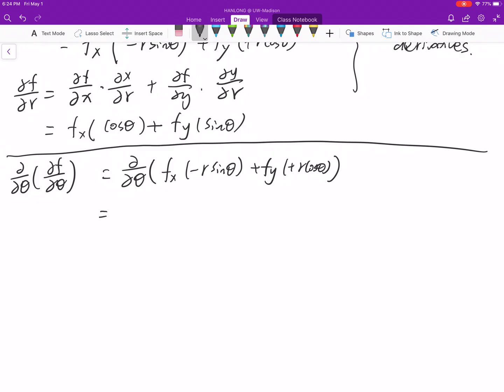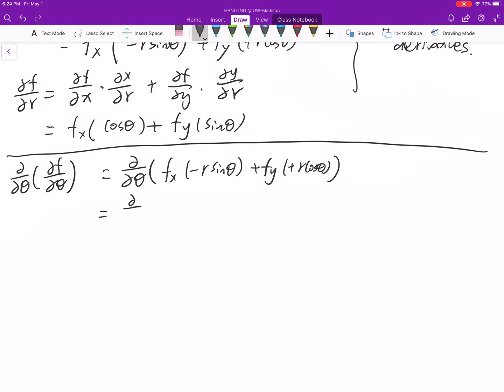So first, when you take the theta derivative of fx, remember you cannot take the theta derivative of fx abstractly, because fx you can write down as a function of x and y. Therefore, you need one intermediate variable.